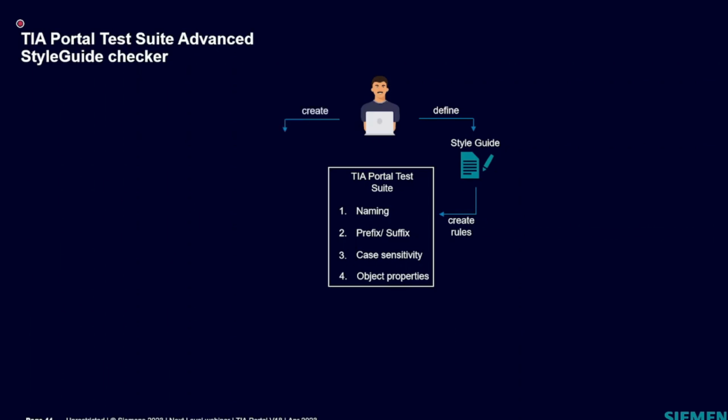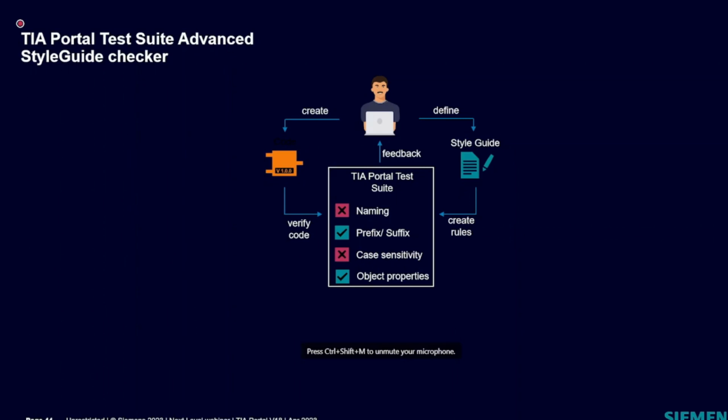First, you define this style guide using the test suite software. Once the developer has developed the code, it will be tested against this style guide and it will tell you what rule violations the programmer has made. For example, the naming has to be within a limit, or when we are developing a program and using a Boolean variable, we start it with a B to identify that the variable is a Boolean.